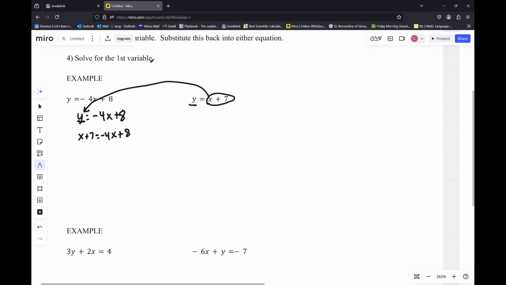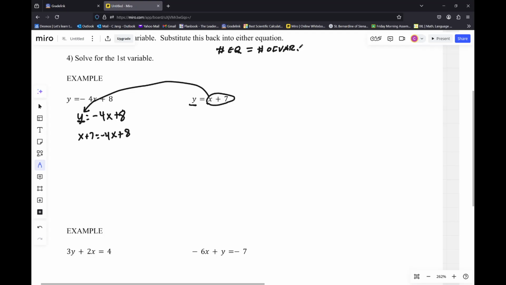The rule for systems of equations is this. The number of equations has to equal the number of variables. If we have more variables than we have equations, we cannot solve it.